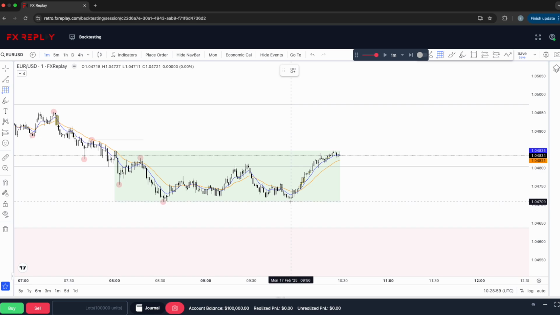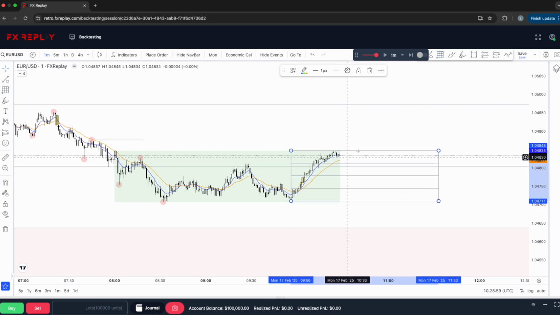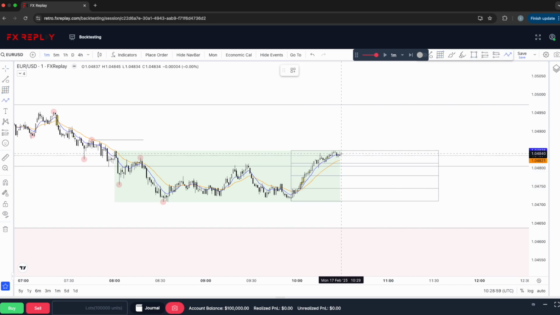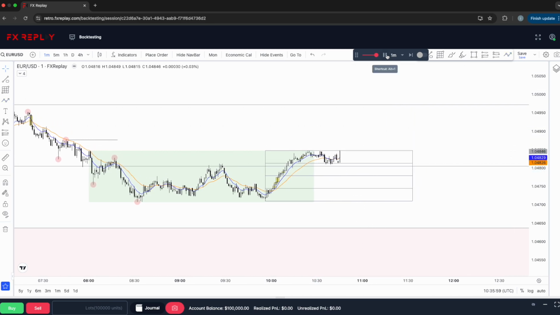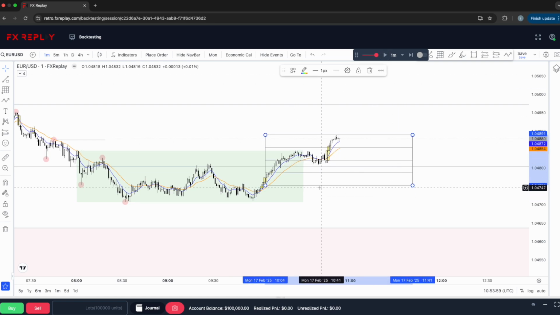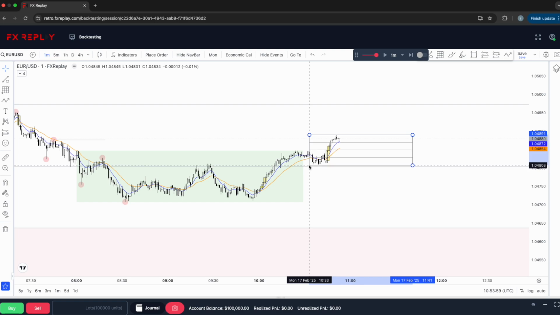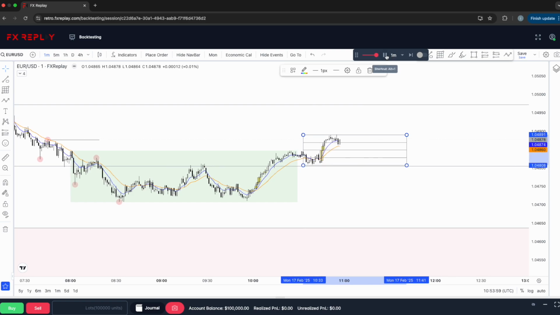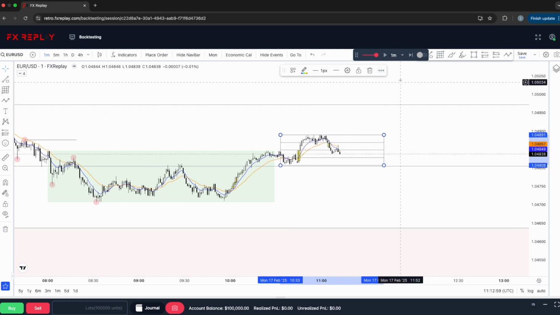Essentially, I'm looking to buy from here, so I'm looking for price to come down over here and give me that price action. Nope, looks like it's broken that, so this would move higher and higher. Okay, now it has.